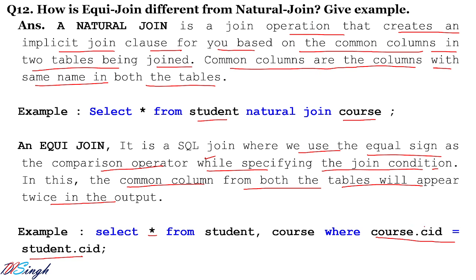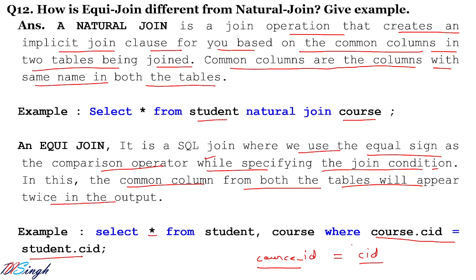In Equi-Join, it is not necessary that the name of the column will be same, but the data type must follow the rule. The data type should be the same for both the columns on which equivalence is compared. Like in the course table it may be written as course ID, and in the student table it may be written as CID, even though you can compare both, but both should have the same data type while specifying the table structure.